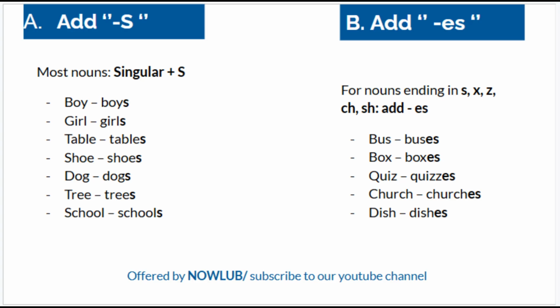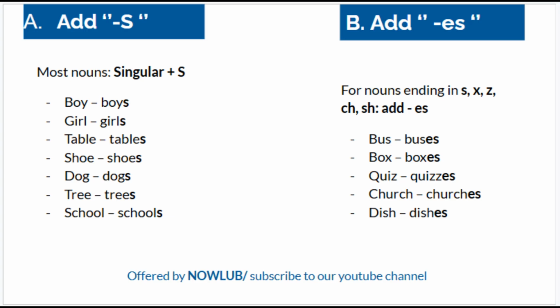Formula 2, or B, you have to add ES for nouns which are ending in S, X, Z, CH, SH. If your singular noun ends with S, X, Z, CH, SH, you just have to add ES. This is a formula.